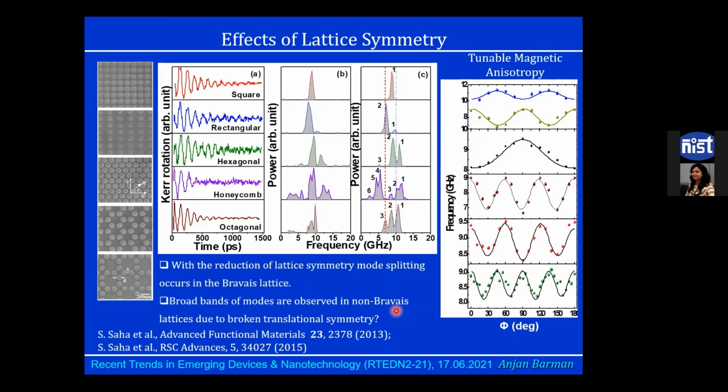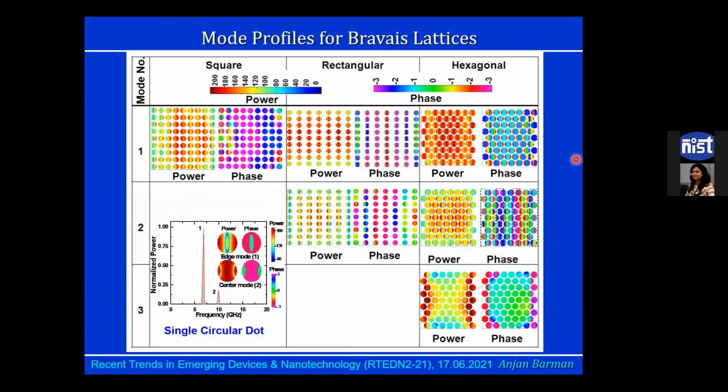I don't know whether I have time to show that, but I want to show how the collective precessional behavior changes from here to here. Here you have a single mode behavior, here 2 modes, and here multiple modes, and you can see the mode profiles are very different.